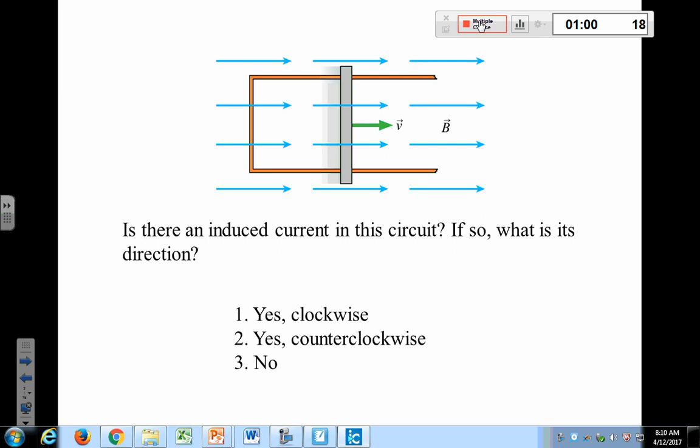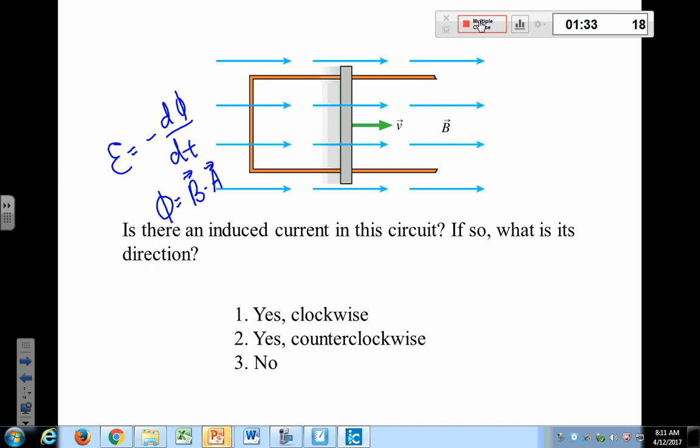Okay. What is required for the coil of wire and the magnetic field in order for it to have an induced current? Remember that our induced EMF is equal to negative d phi dt, and that phi is equal to B dot A. So what is required in order for this to happen regarding our orientation of our magnetic field and our area vectors?